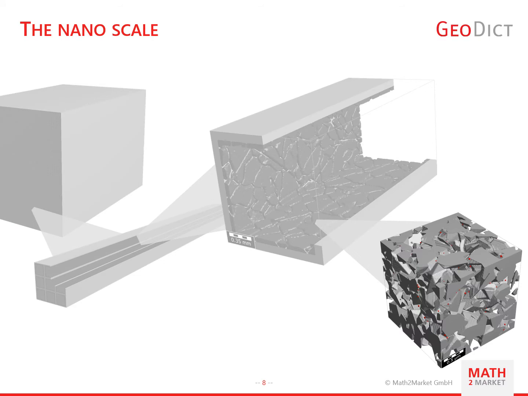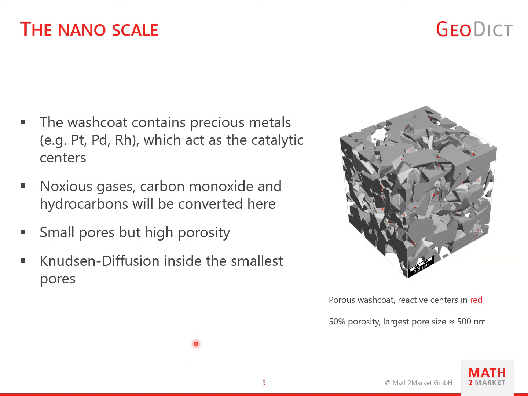So let's start and have a look at the nanoscale, at the washcoat layer. Here on the right you can see our model of the washcoat, and what you see at first is a structure with 50% porosity. The largest pore size is 500 nanometers, so we have really small pores here.